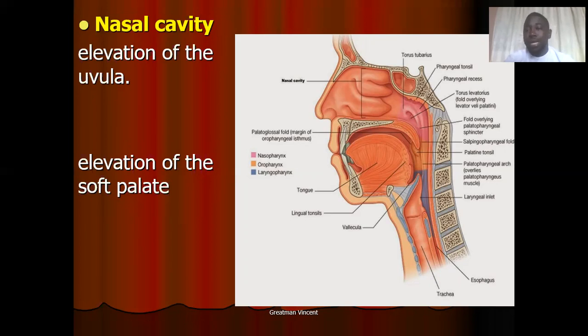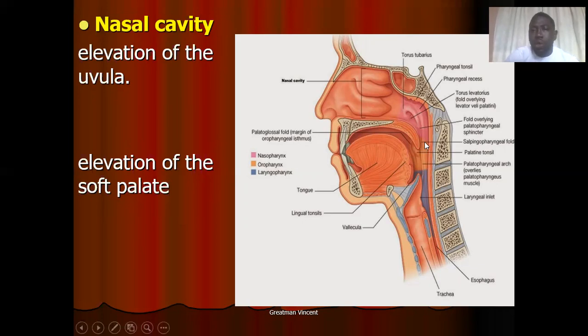Please don't forget this is under a whole lot of cranial nerve innervation, and you don't want to forget that one. We're going to take time to look into these innervations, but for the meantime, as a starter, just place it at the back of your head that there's going to be the elevation of the uvula to close this pathway.